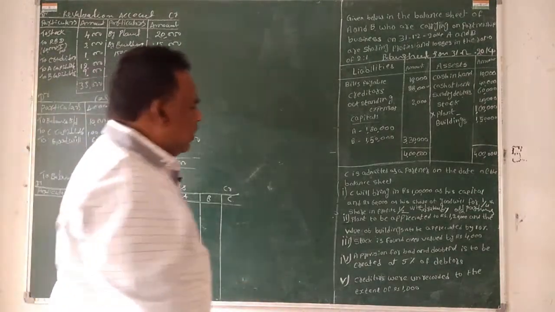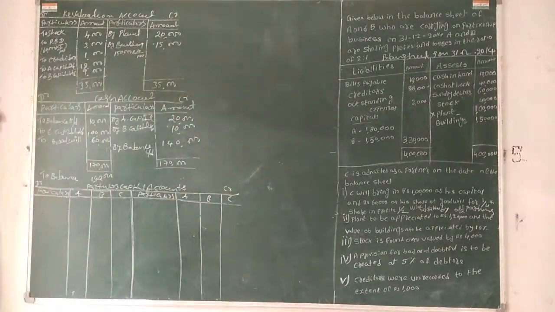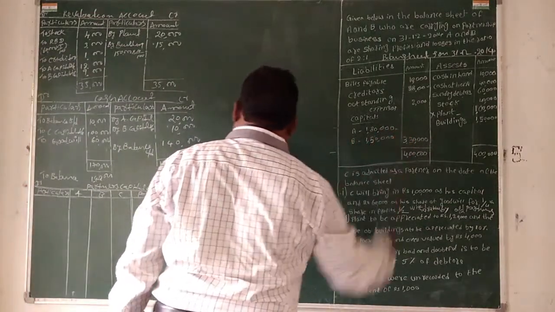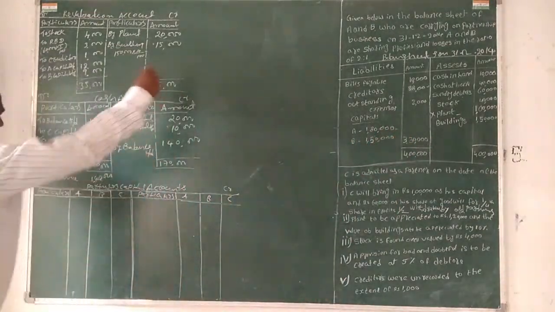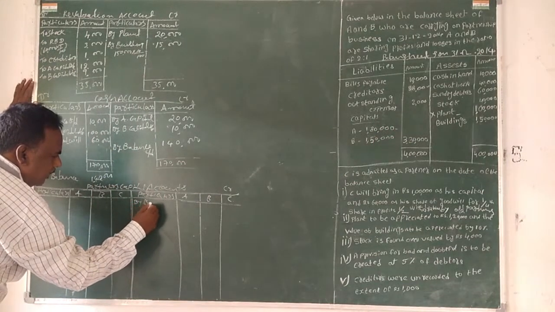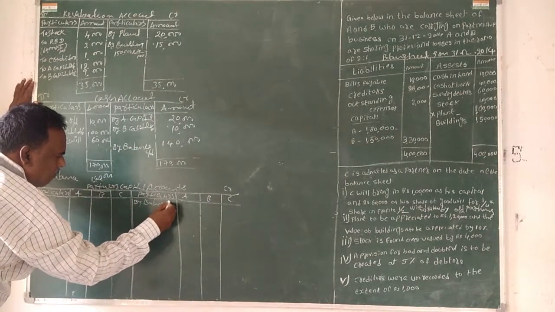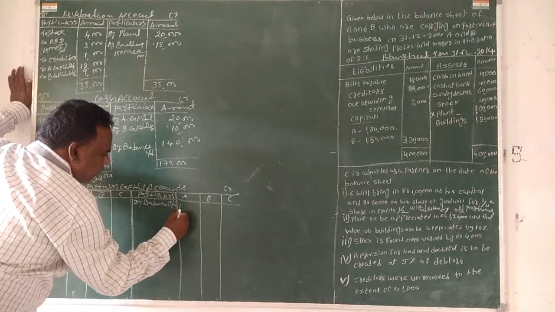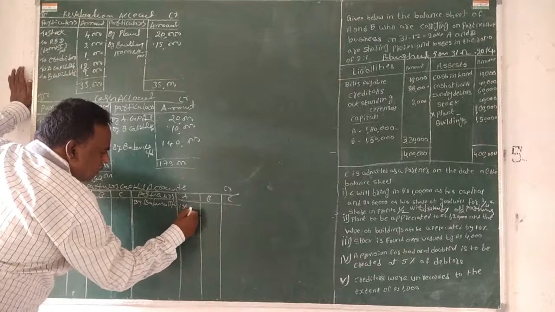So by revaluation account, bracketing profits, A share 18,000, B share 9,000. No share to C, because he is a new partner.